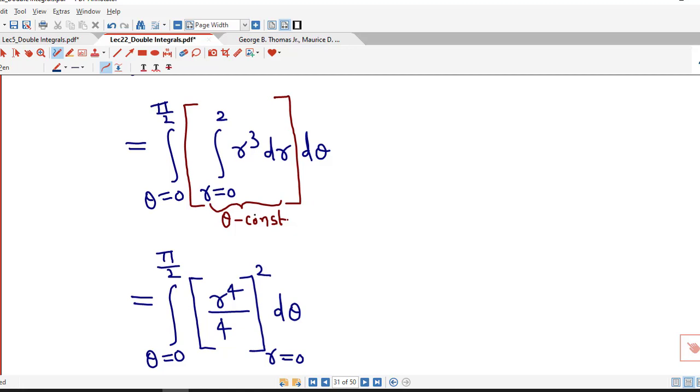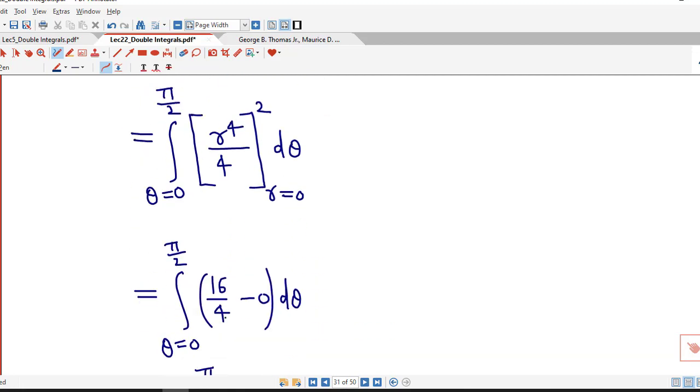Here we will consider theta is constant in the inner integral. Now integral of r cube is r raised to 4 by 4, limits of r are from 0 to 2. Then we put r equal to 2, so we have 2 raised to 4 divided by 4. 2 raised to 4 is 16 divided by 4 minus r equal to 0, that is 0.